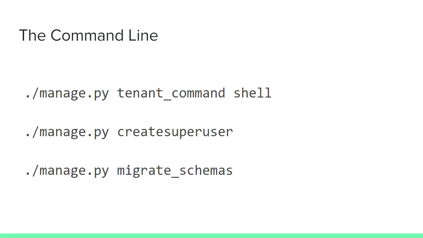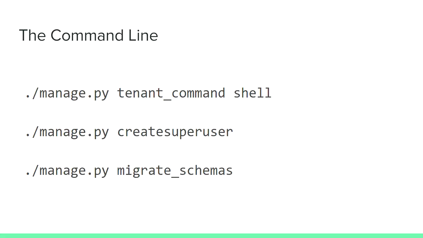It comes with a few commands. It changes the create superuser command, so you are able to pass a tenant. So you can do create superuser minus tenant, something like this, and you pass on the tenant you are looking for.